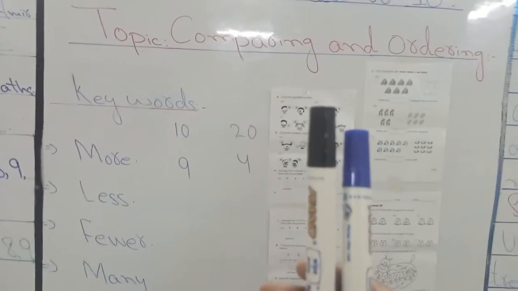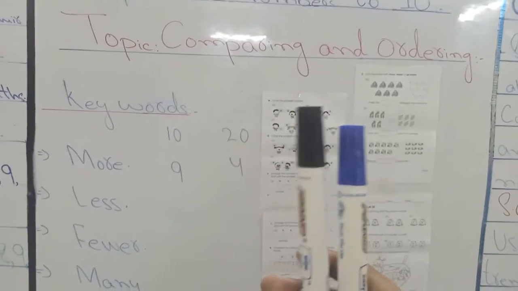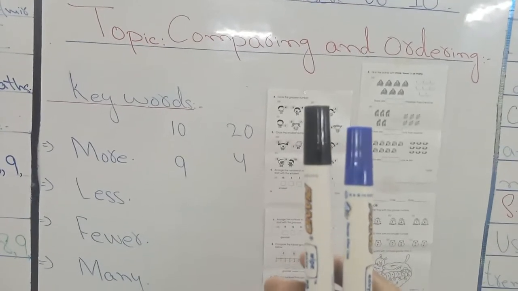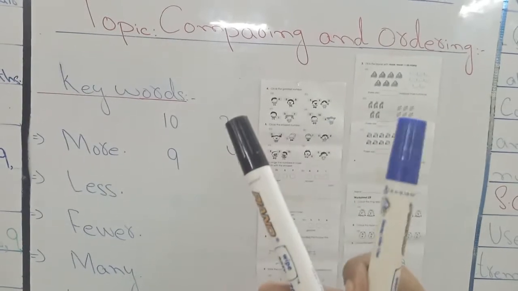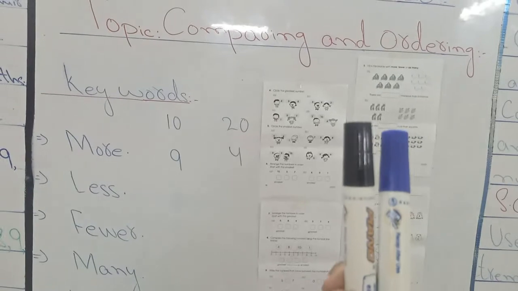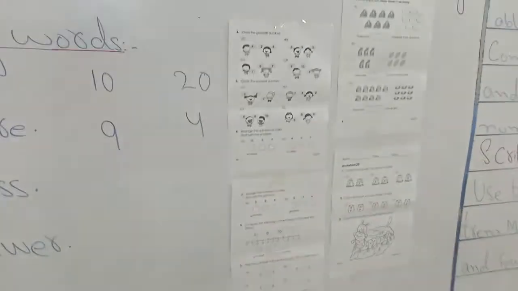Now they have two markers. Now tell me, do we compare these markers? Yes, we compare these markers because this is a black marker and this one is a blue marker.